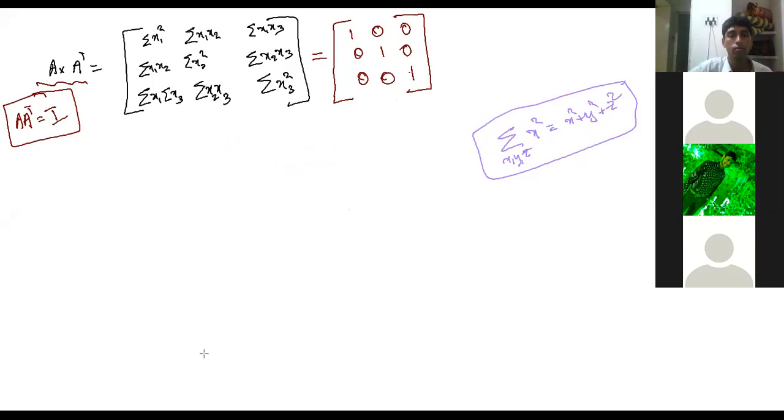So what should be here? The summation of x1 square, summation of x2 square, and summation of x3 square should individually be 1. Very important.